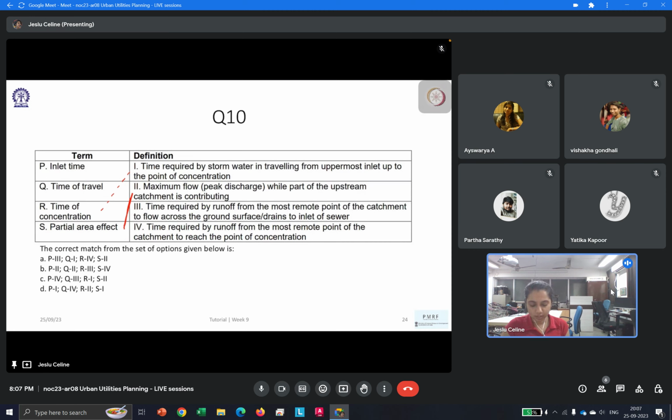Third one: time required by runoff from the most remote point of the catchment to flow across the ground surface and drain to the inlet of the sewer. What is that now? Any guesses? Partha, you were attempting this question.